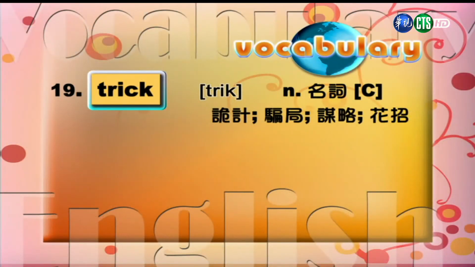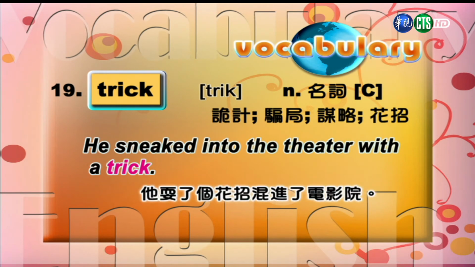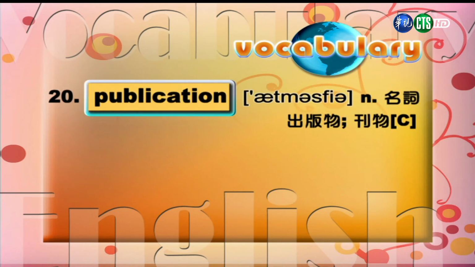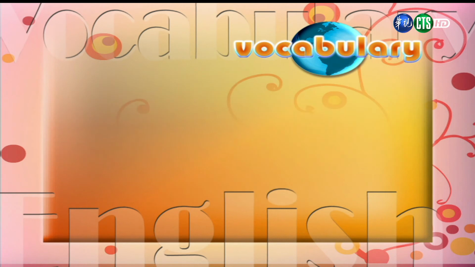Right. Now let's take a look at some of the vocabulary. Number 19. Trick. Noun. 名词诡计、骗局、谋略。 He sneaked into the theater with a trick. 他耍了个花招，混进了戏院。 Number 20. Publication. Noun. 名词出版品、刊物。 A newspaper is a kind of publication. 报纸是一种出版品。 Number 21. Feature.